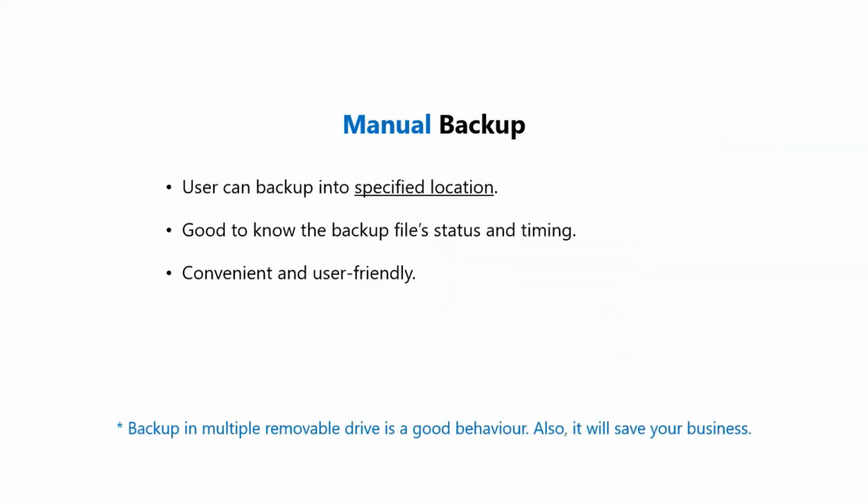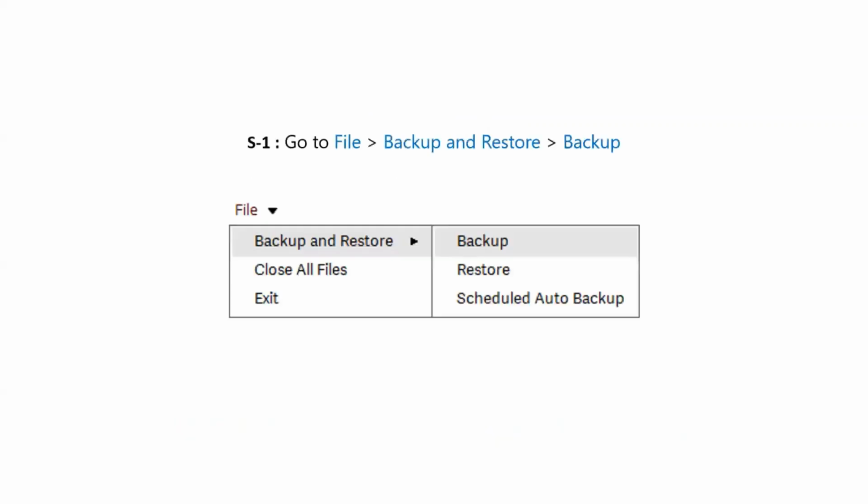So second is the manual backup. The user can back up into a specific location and easily know the backup file status and timing. It is convenient and user friendly. Same as the scheduled auto backup, for our manual backup we also use it before or after using UBS.